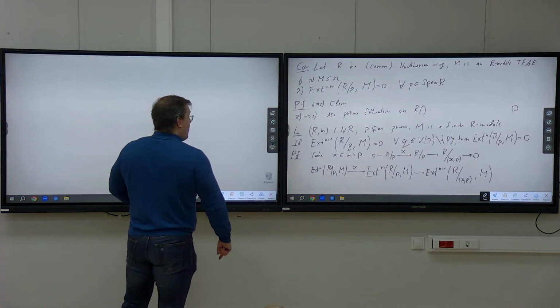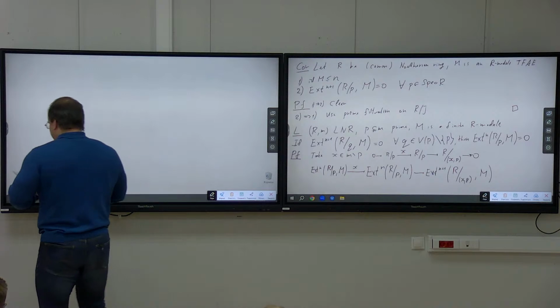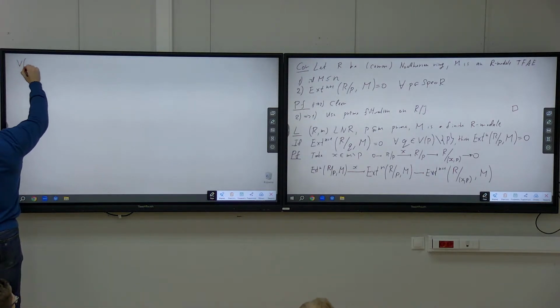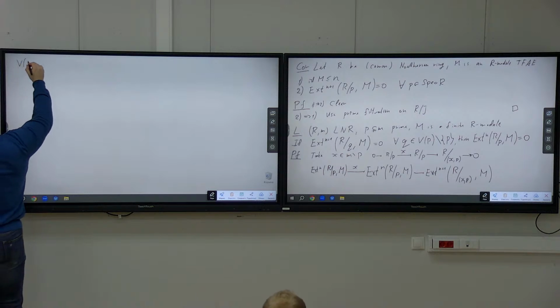Okay, now the vanishing set of the ideal (x, 𝔭), if I want to write this property, I need double parentheses.